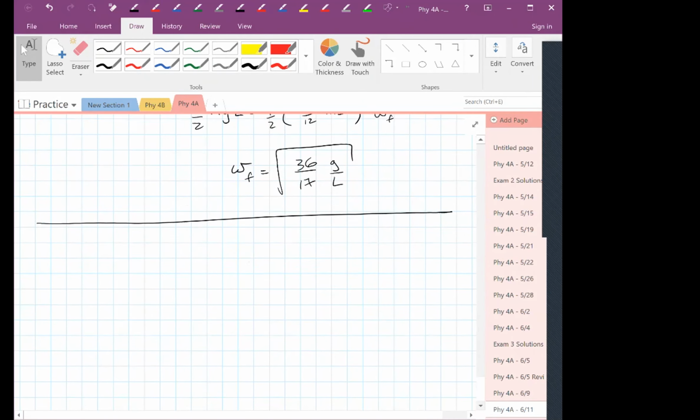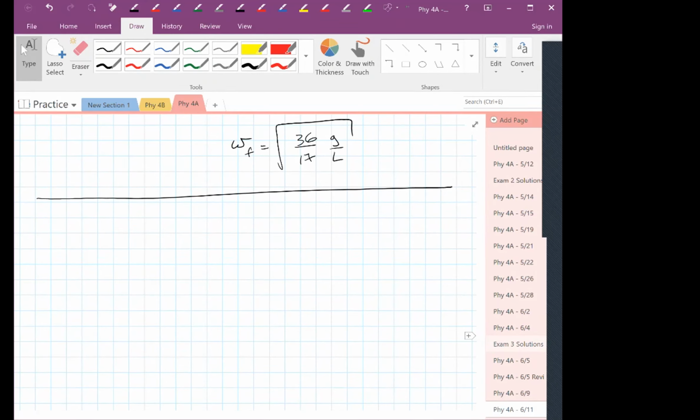When you see the ice skater spinning around, they pull their arms in and spin really fast, and they put their arms out and spin slowly. Conservation of angular momentum: L initial has to equal L final. What is L? It's I omega.